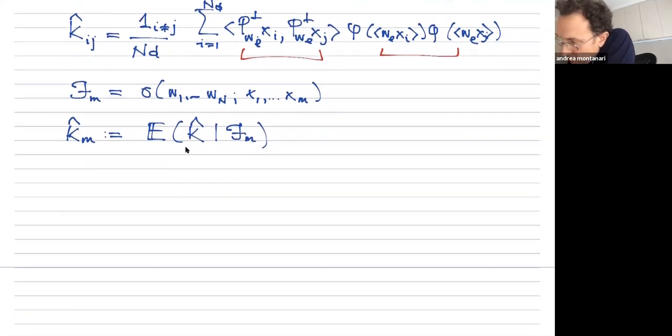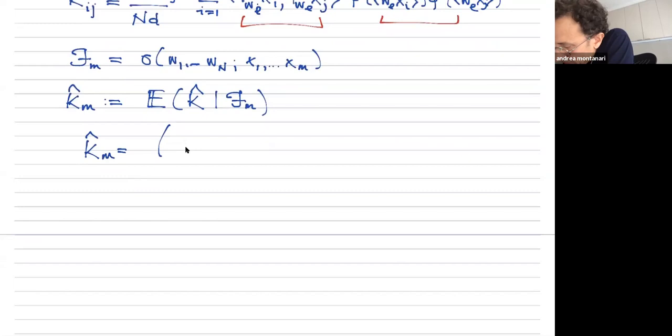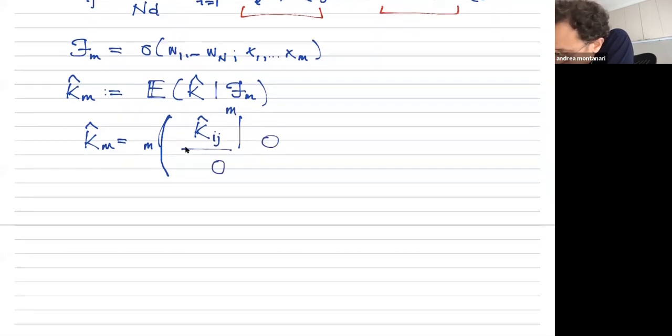What is nice about this matrix is that it has a very simple structure. It's basically K hat ij in the top corner up to entry M and zero elsewhere. So it's very easy to do calculations with this and exploit the independence.